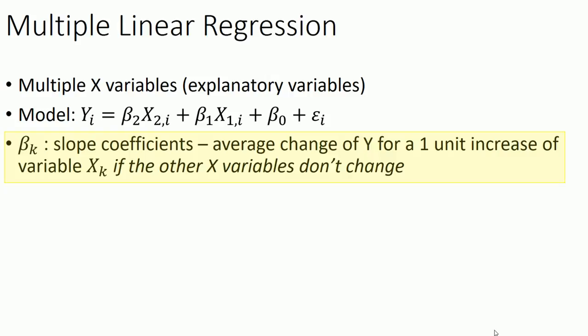So each of those slope coefficients is interpreted when all the other x variables are held constant, or don't change, but this one x variable does increase by a unit. That's what the meaning of the coefficient is.